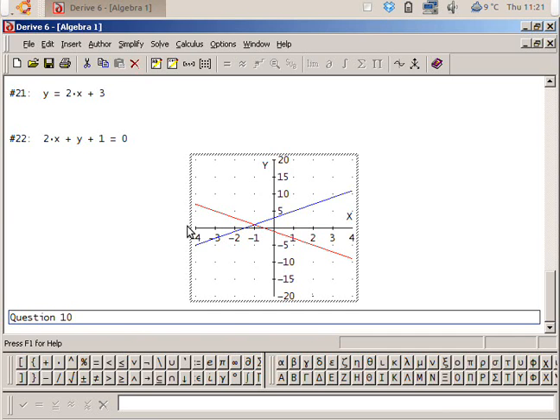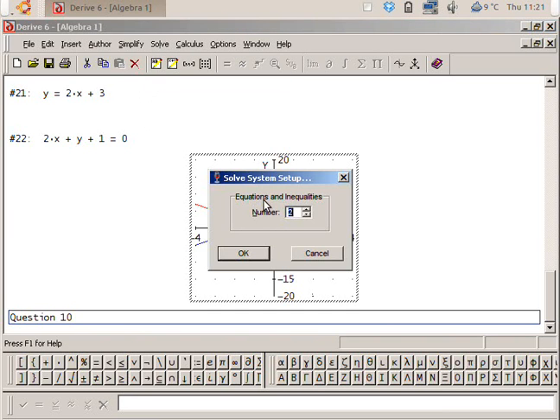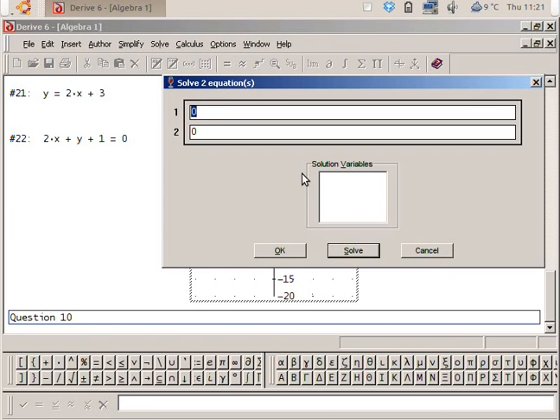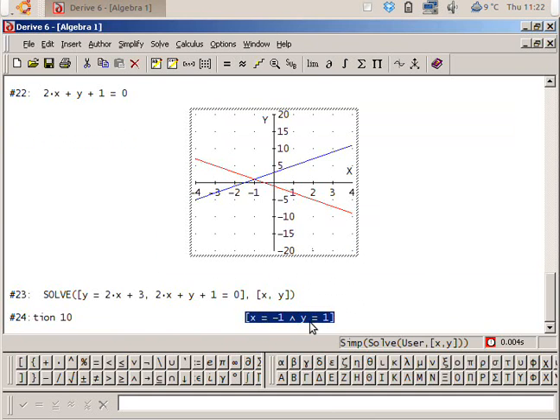So we just do solve system, 2 equations, and what lines? 21 and 22. And by the way, if you really wanted to, you could actually type the equations in here, but I don't see why you would do this, but it would work if you did that as well. So line 21, line 22, x and y, and solve, and there's the answer, -1 and 1.